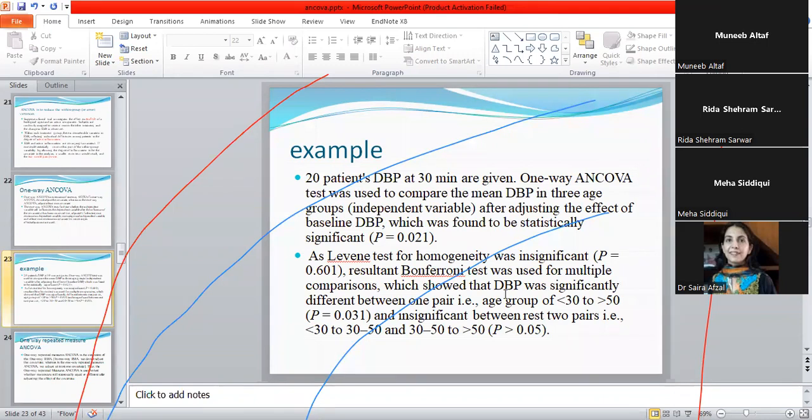As the Levene test for homogeneity was insignificant, the Bonferroni test was used for the multiple comparisons, which showed that the diastolic blood pressure was significantly different between one pair, the age group of less than 30 and more than 50, with a p-value of 0.031, and insignificant between the other two pairs, less than 30 and 30 to 50, and 30 to 50 and more than 50. So here the p-value was more than 0.05.